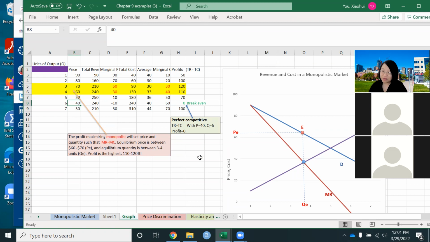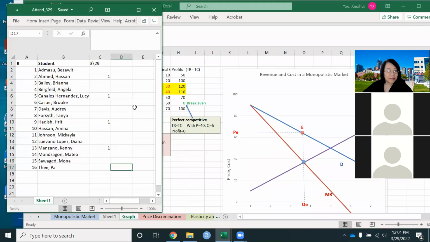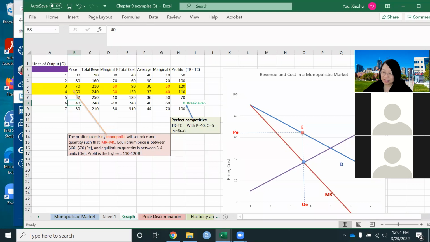So what's the price for the monopolistic? Harriet, you just joined us. Can you answer this question? Harriet? Harriet? Can you hear me?